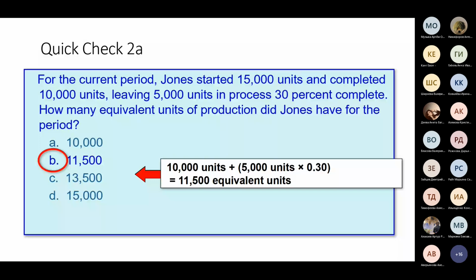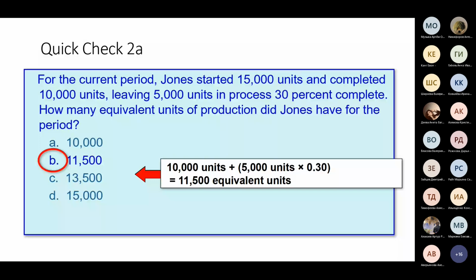It is, of course, a specific approximation using the process costing system, because if we sell our items to clients, we can sell only 10,000 units because we can't sell 30% complete units.